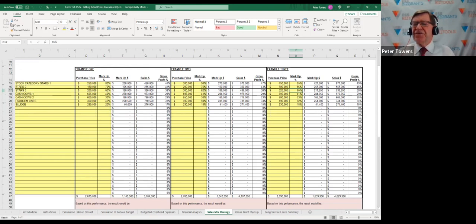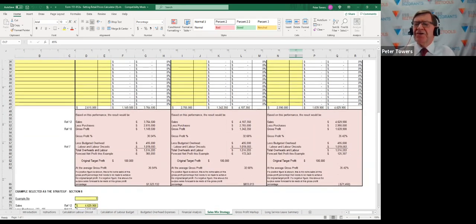So let's look at the result. If we just follow down the bottom here, please ignore the other 2 columns at this stage. Their sales are 3.7 million. Their gross cost of goods sold are 2.6 million. So they've got a gross profit of 1.1. That's an average of 30.54.